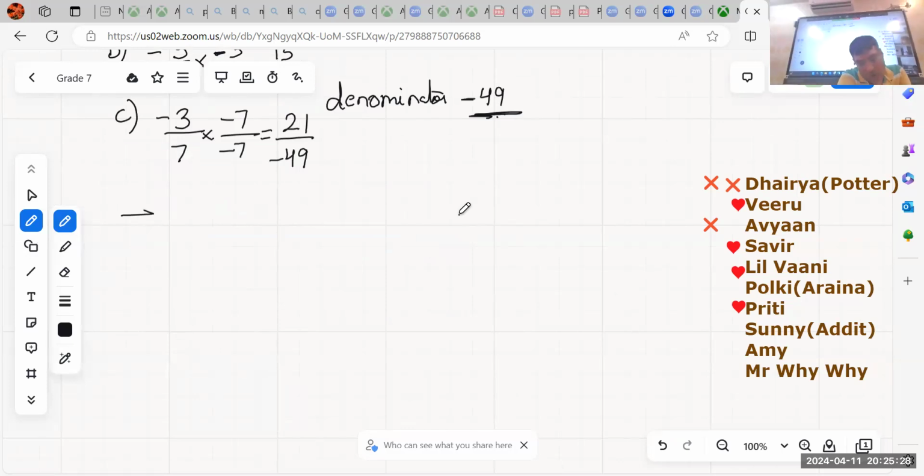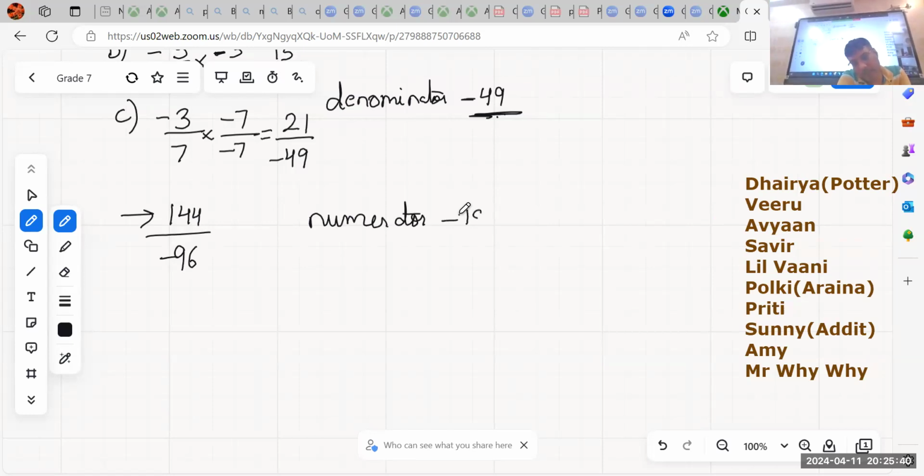Now, next question. You have to change this to numerator -18. This is the question. Sir, is it -18 or -89? -18.